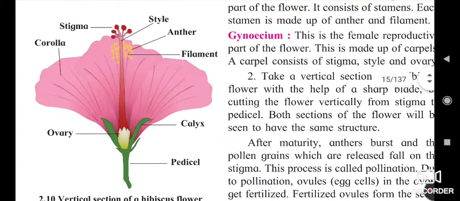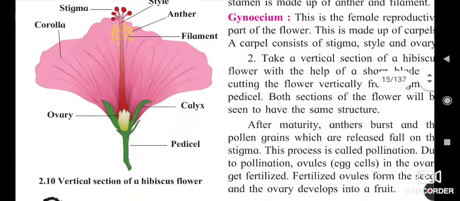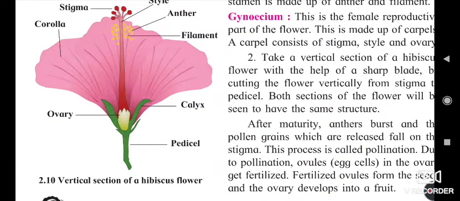The pedicel holds the corolla of the flower.